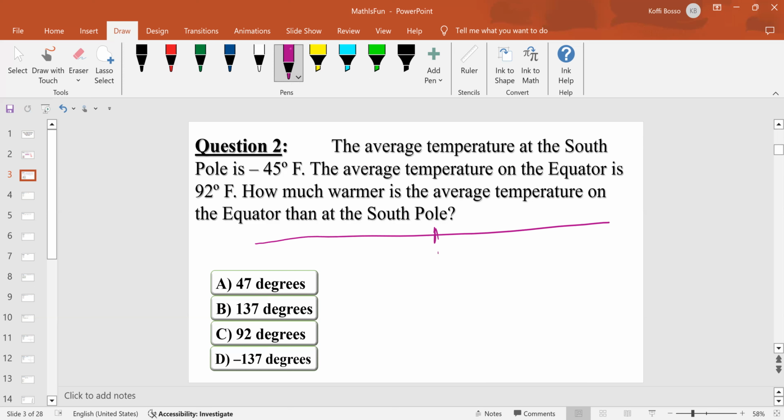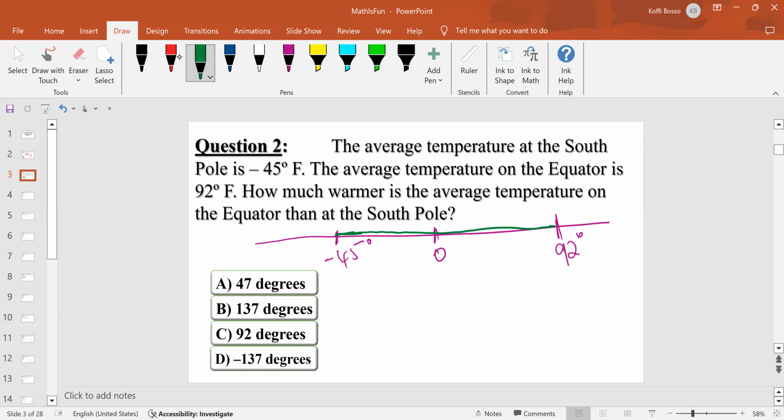Okay, let's say this is 0 somewhere here and negative 45 is somewhere here. Here, let's assume that this is 92 degrees. So what they're asking to find is the number of degrees between negative 45 and 92.